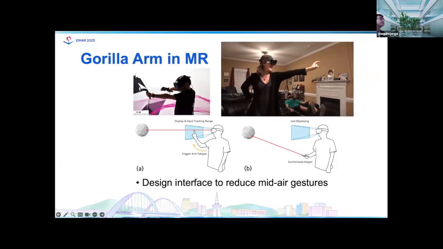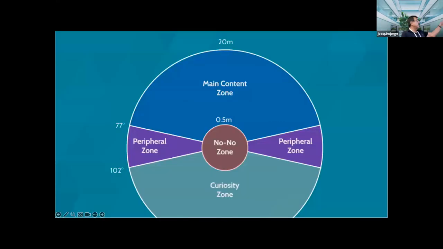Other examples. This is also a good idea: not to put interface elements too close to the personal space of the person, especially in VR. This is the no-no zone, which I would say is around 50 centimeters in front of our nose. It's not a good idea to place interactive content there.